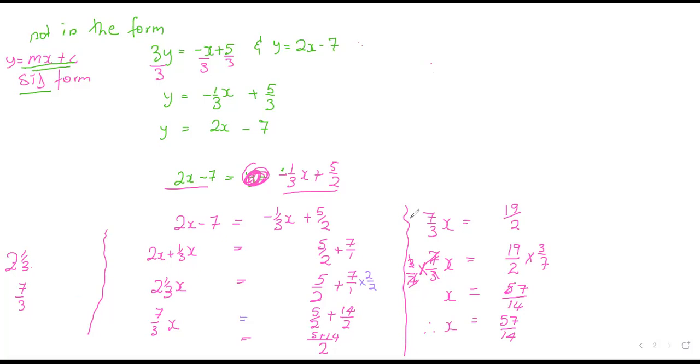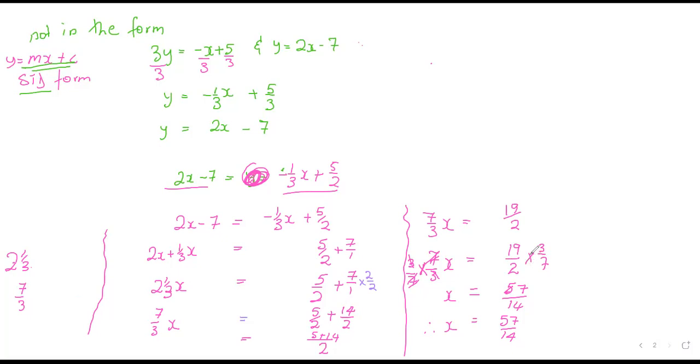So now when you have the value of x in a coordinate, it will be x, and then you look for the value of y. You can push in the value of x here.